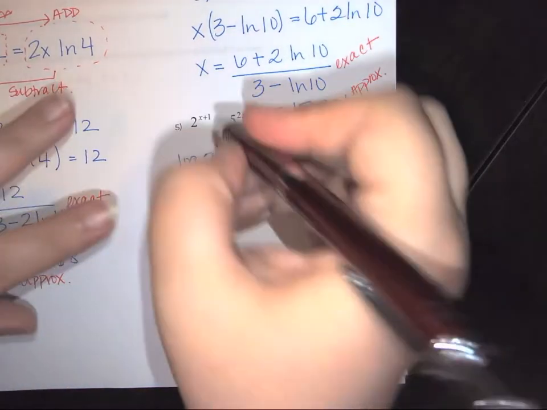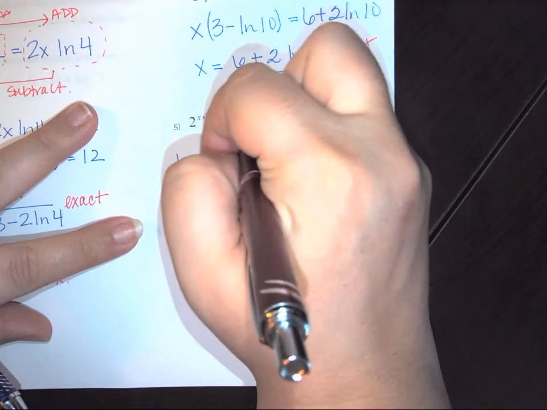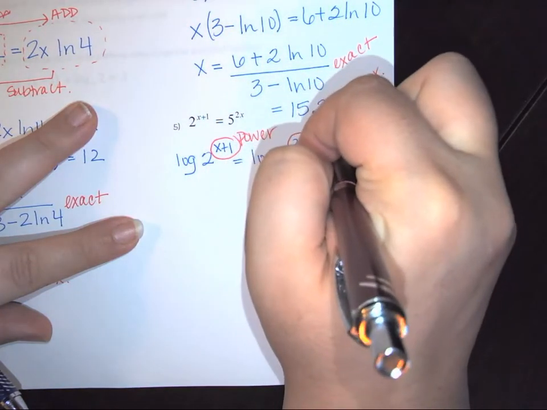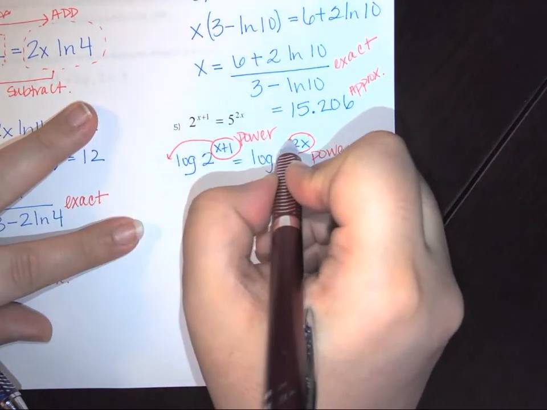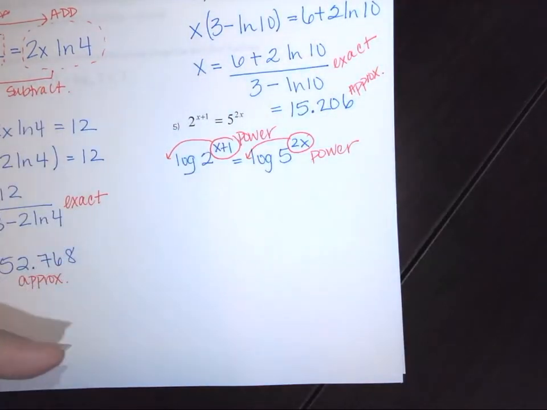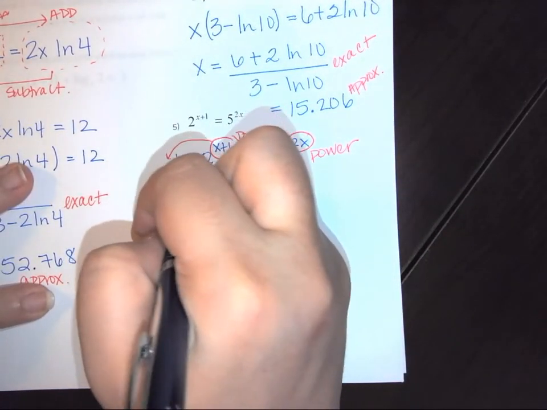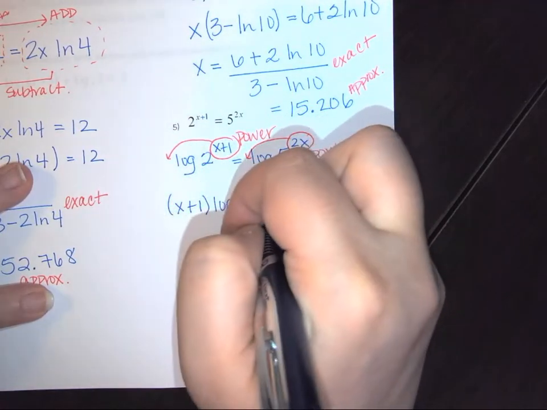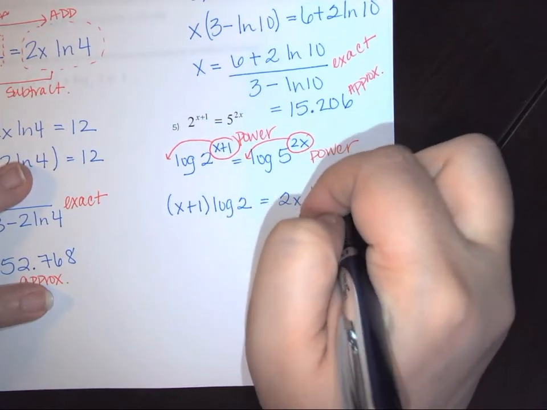Again, with our log, right here I have a power, and right here I have a power. Power rule says the power has to move down out in front, so I need to do that on both sides, which means this becomes x plus 1 log of 2 equals my 2x log of 5.